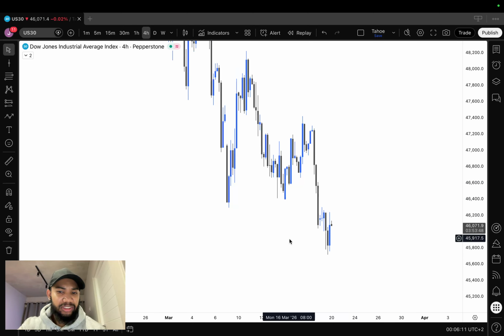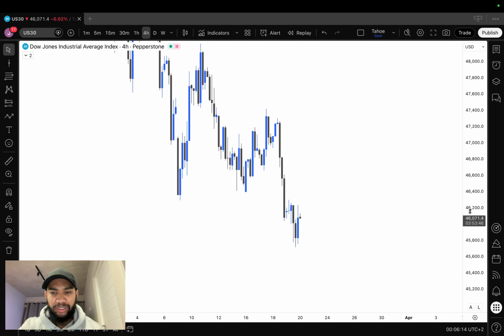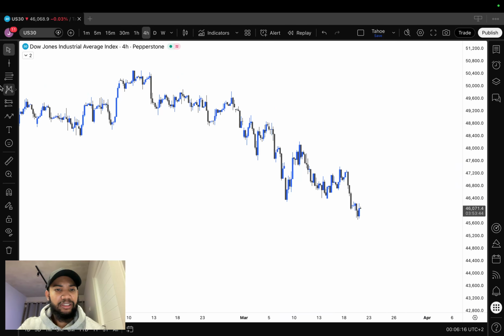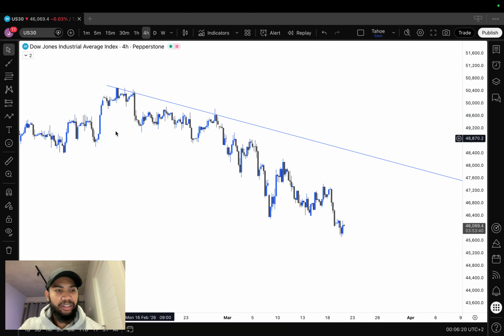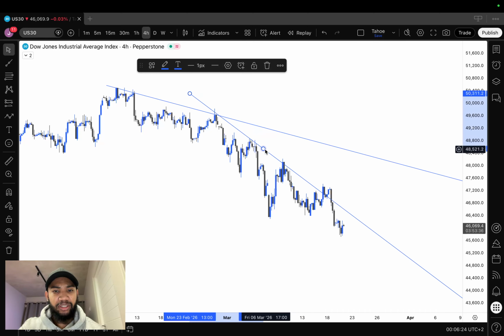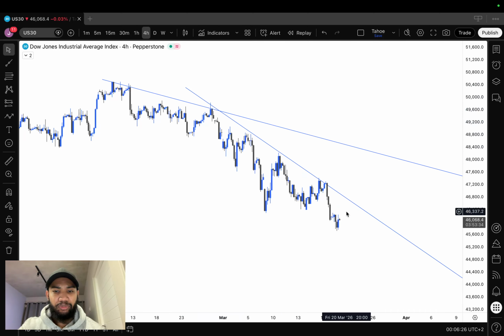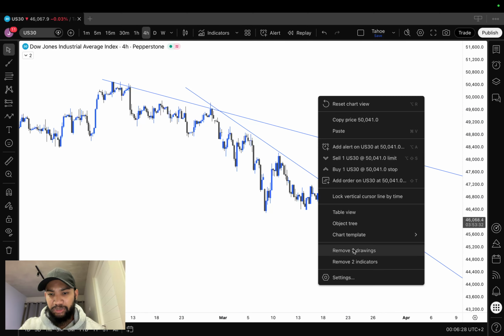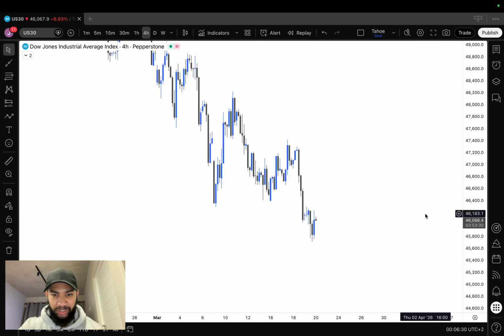So my bias is sells in this moment in time. Nothing too crazy. I could throw a trend line, maybe a ray right here, that can easily point me in a direction, but I know just based off of momentum, seeing how the price is moving, it would be best to be taking a sell.